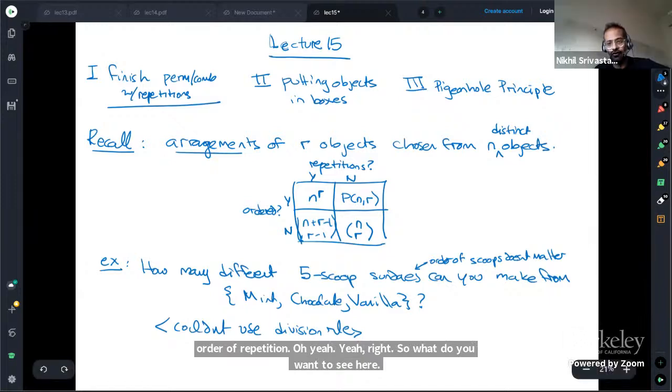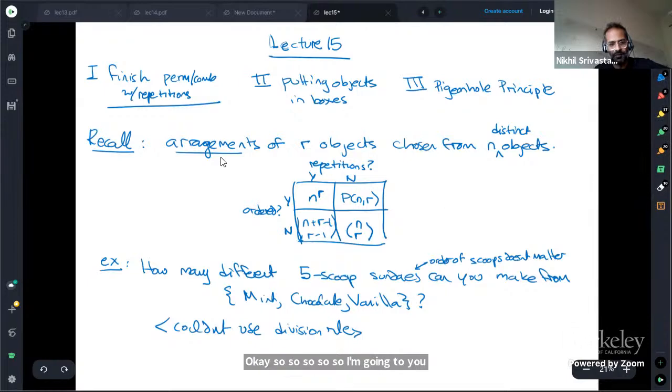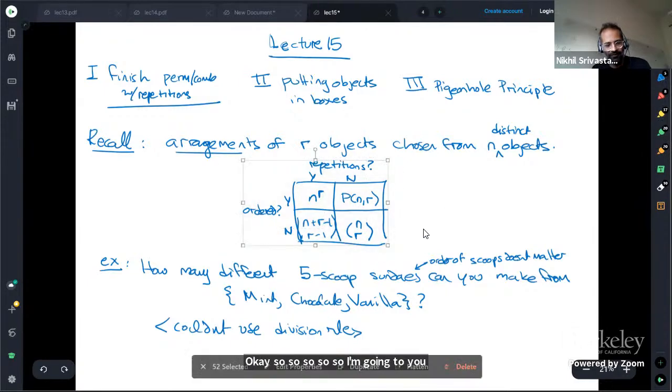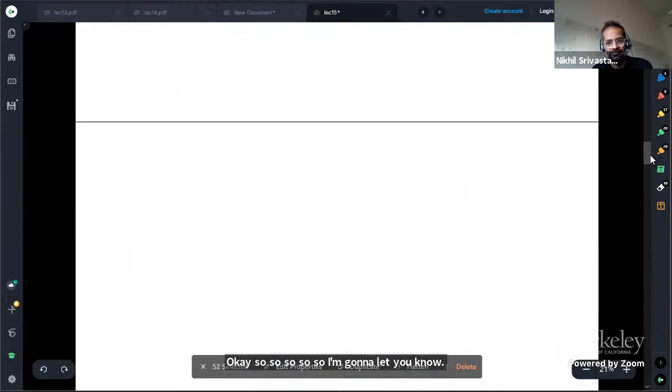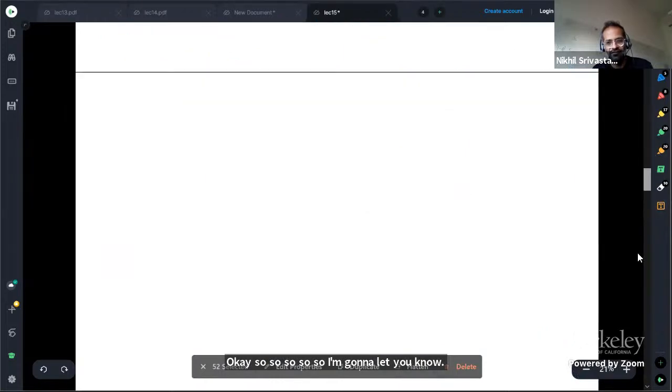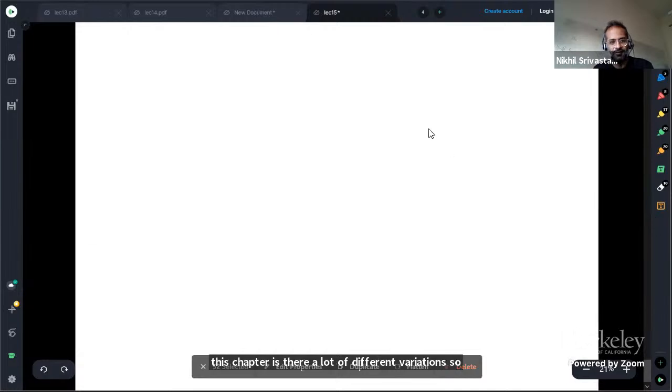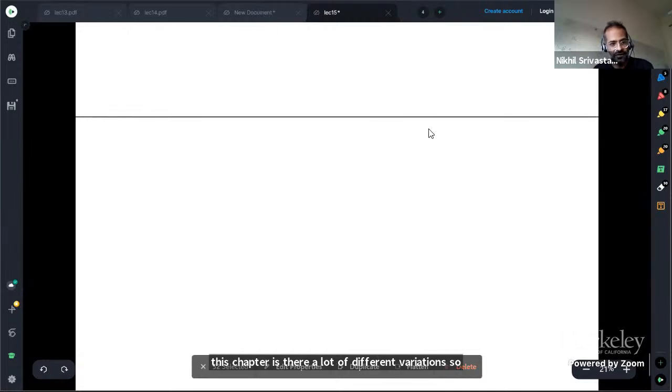Okay, so I'm going to make a summary of all this on the last slide, because one of the confusing things about this chapter is that there are a lot of different variations. So it's nice to have a summary of counting formulas. So I'll just make one here.